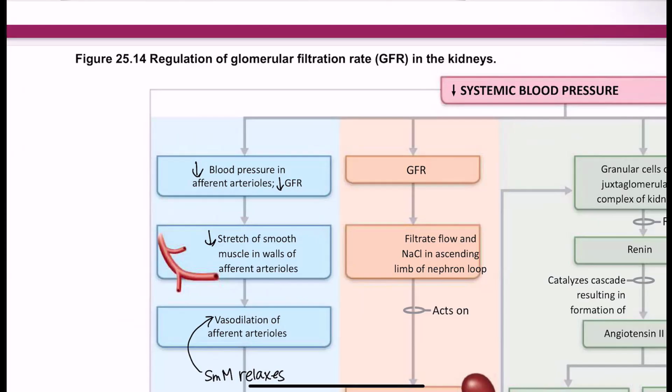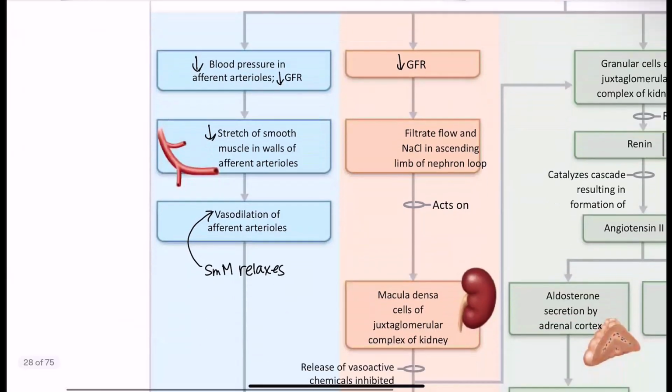If systemic blood pressure falls, this automatically decreases GFR because still there's less blood pressure. If GFR falls, this also decreases the filtrate that's being formed. If we decrease the filtrate that's being formed, we also decrease the contents of sodium chloride, salt, in the nephron loop.